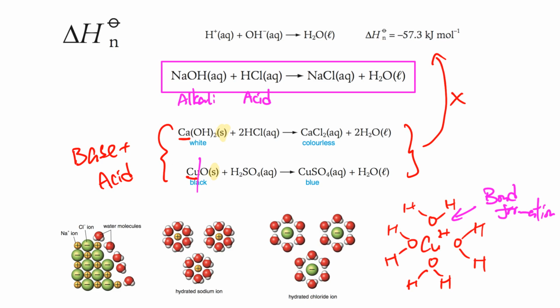So in the process, there will not be extra energy required to overcome the bonding between the alkaline compounds. So for this kind of reaction, that will be negative 57.3, but for this one, it will not be equal to negative 57.3. It can be more negative than that, or less negative than that. It depends on many other factors.